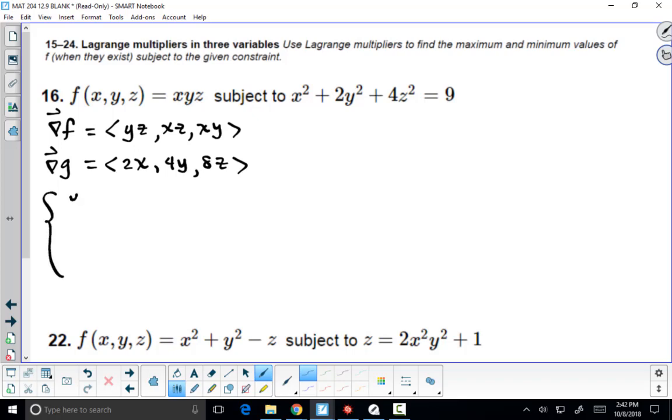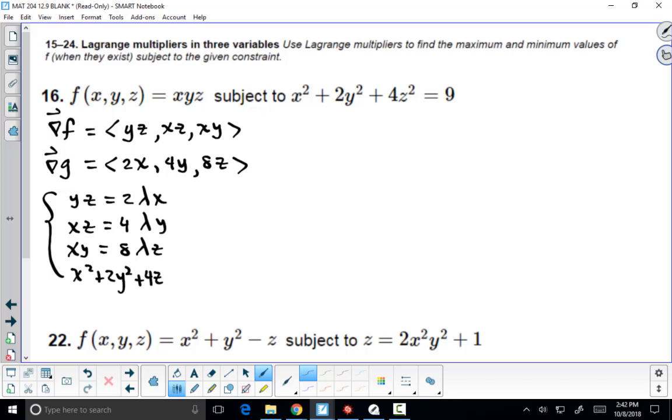We're going to have yz is equal to 2 lambda x, and xz is equal to 4 lambda y, and xy is equal to 8 lambda z, and then we're going to have the constraint, x squared plus 2y squared plus 4z squared equals 9.